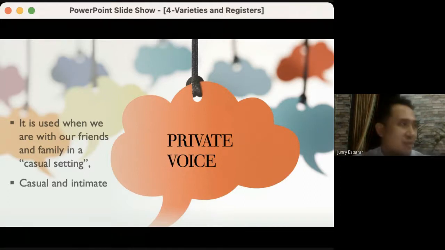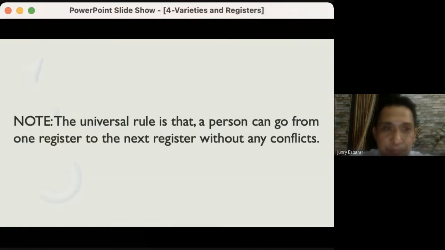But when you talk to your friends, automatically you become casual and intimate, and you are using the private voice. So again, we can further divide the registers into two voices: the public voice, which includes frozen, formal, and consultative, while the private voice includes casual and intimate.